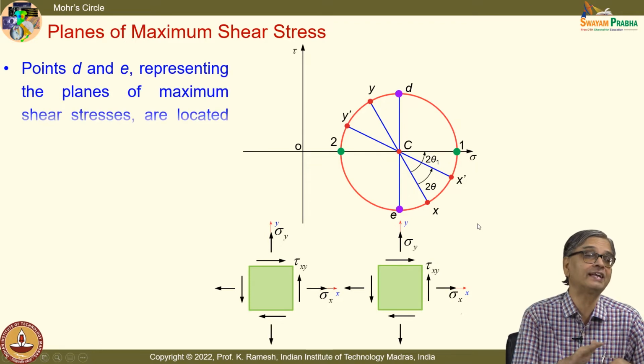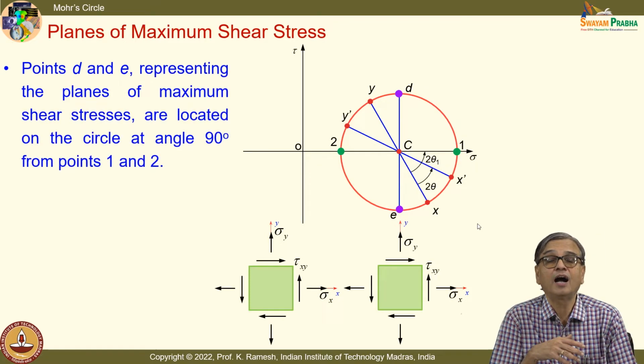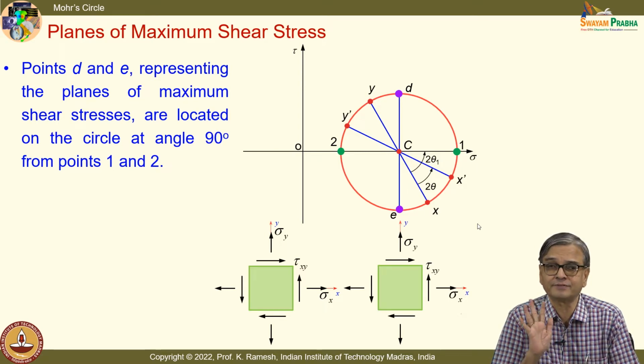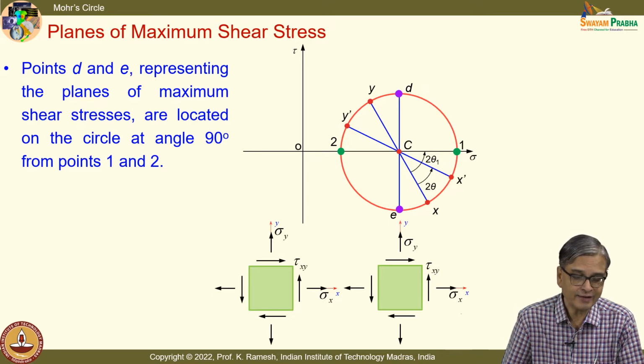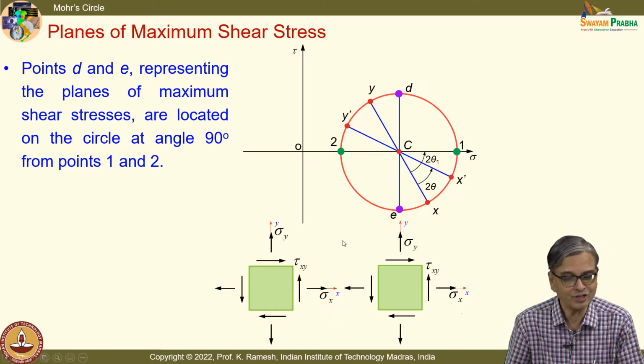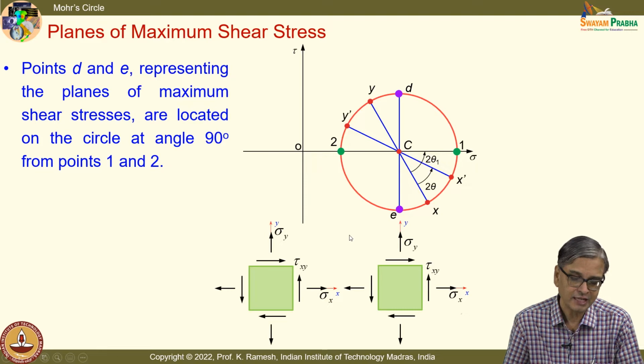So, you have to wait until we develop how to draw the Mohr circle for a true three-dimensional situation. The interest while developing this was that I do not want this line inside so that it obscures the clarity of the basic concepts.